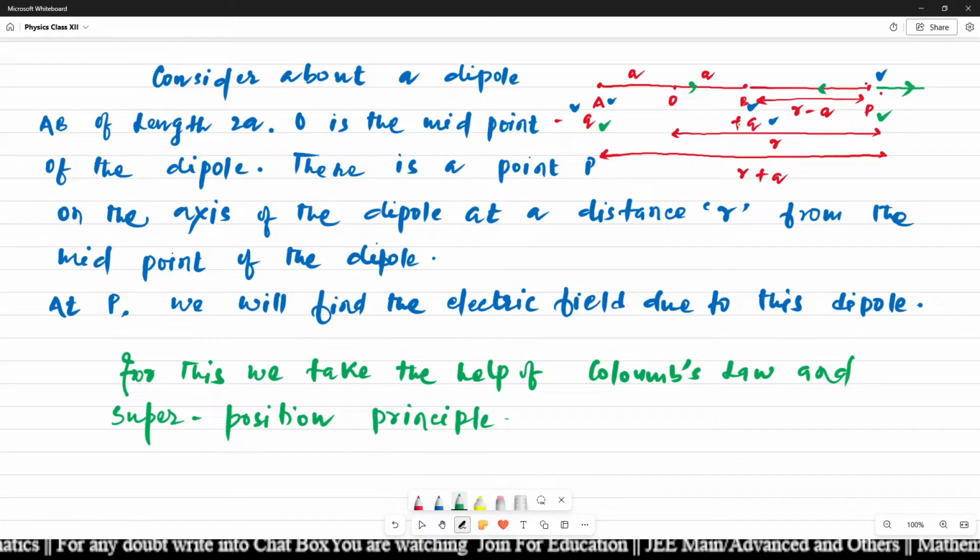So at last we find out what is the electric field at P due to the dipole. Separately we find out the electric field at P due to minus q charge as well as due to plus q charge, and finally we add them: electric field at P due to the dipole equals electric field at P due to minus q charge plus electric field at P due to plus q charge.